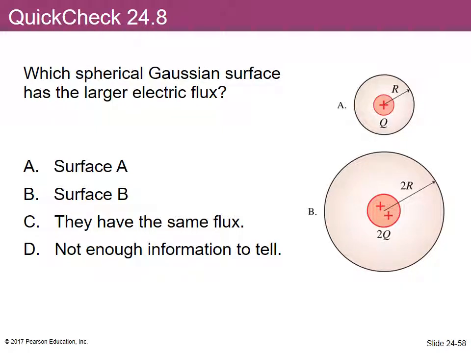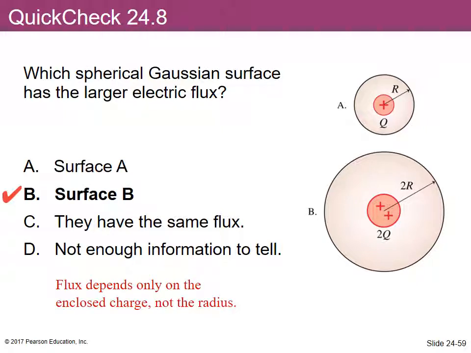Which spherical Gaussian surface has the larger electric flux? The answer is B. Surface B has more enclosed charge.